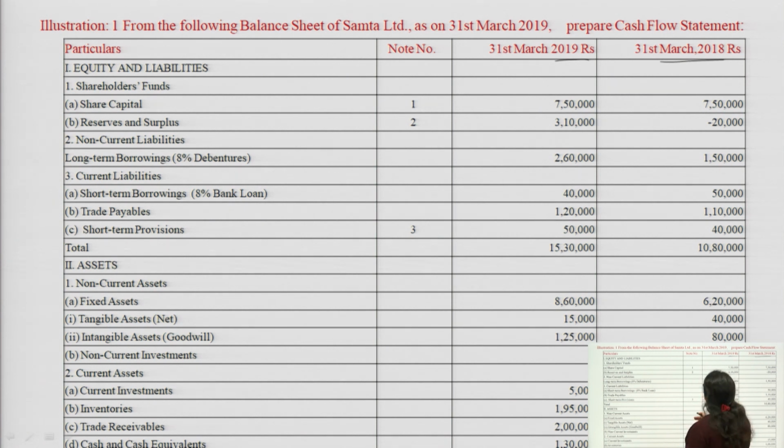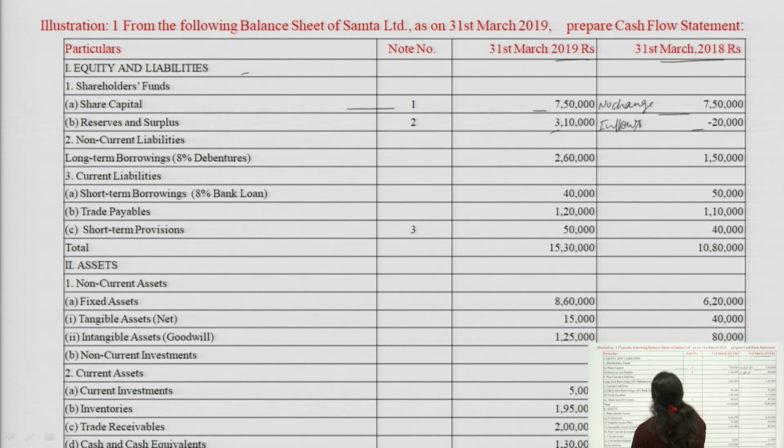To identify the increase and decrease, we start with equity and liabilities. Share capital was 7,50,000 earlier and is 7,50,000 now, so there is no change. Reserves and surplus was minus 20,000 last year and has now increased to 3,10,000, meaning an inflow.